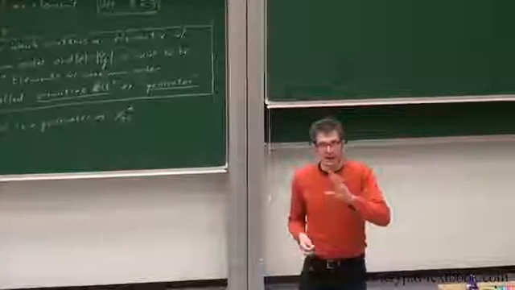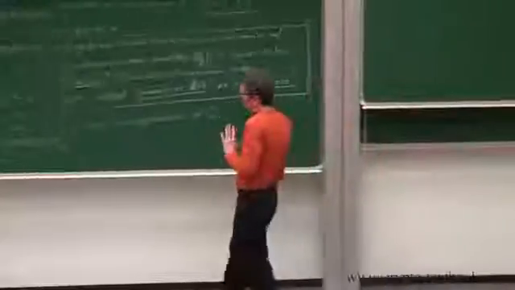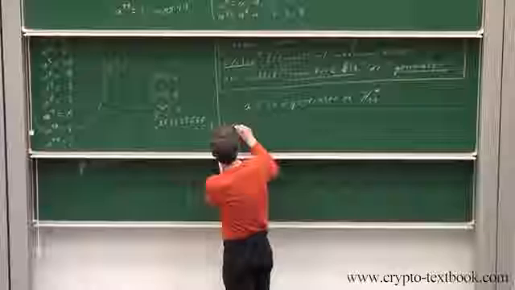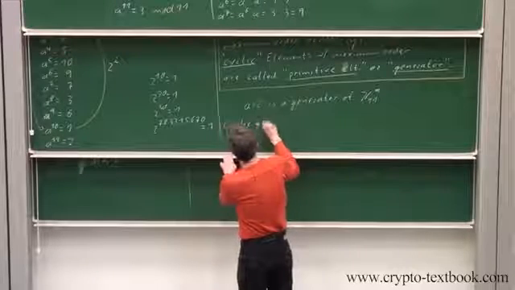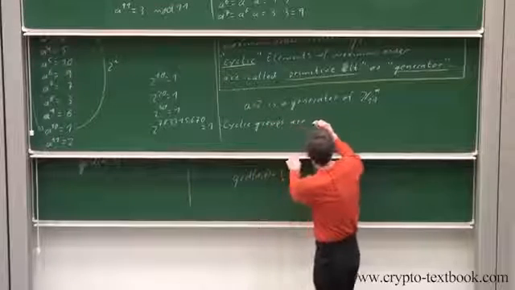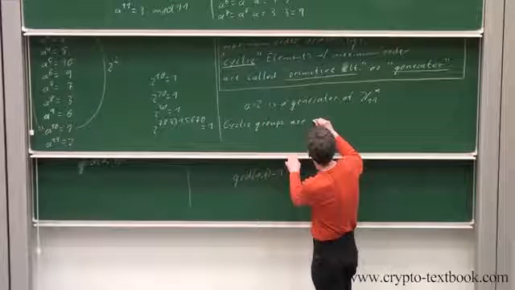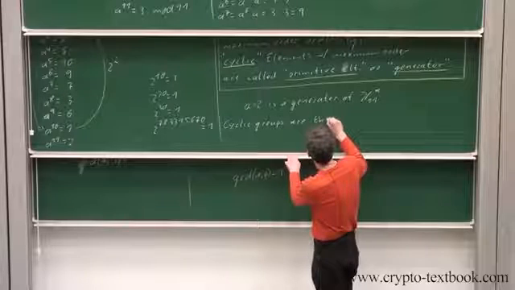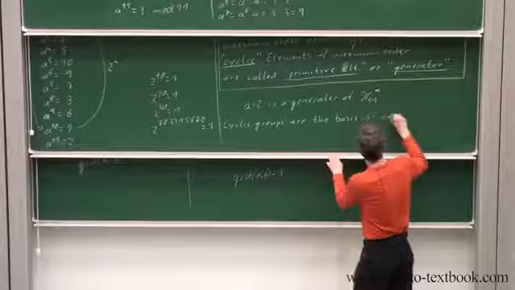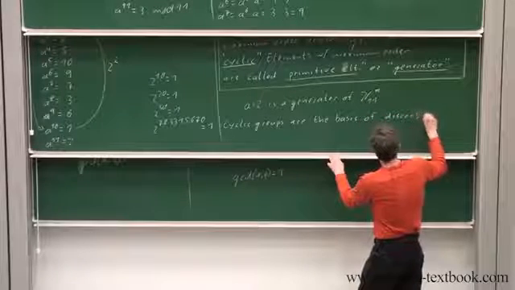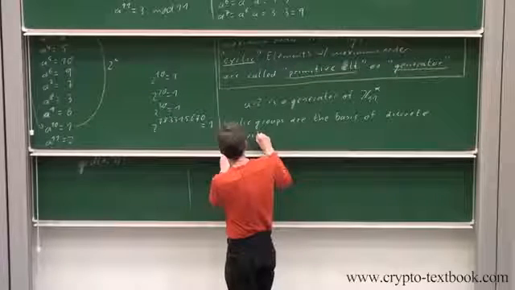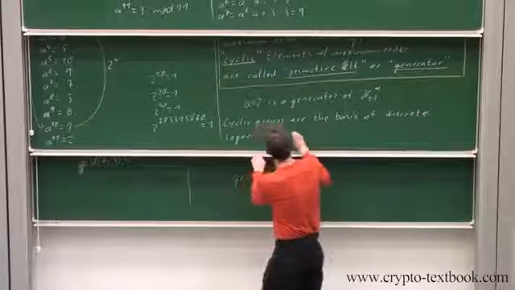So now, maybe I should write that down, not only say that. Cyclic groups are the basis of discrete logarithm cryptosystems.